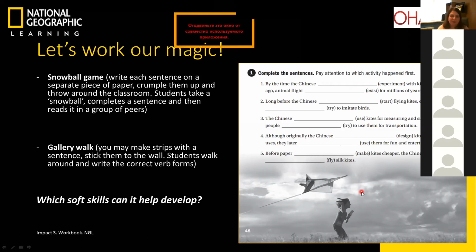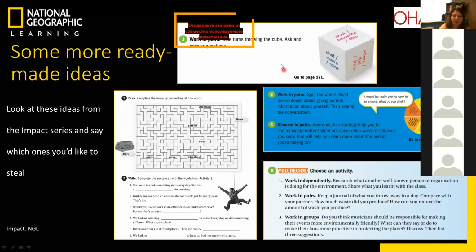But sometimes you don't really need to reinvent the wheel. Books may suggest some very good ideas. For example, let's look at the next slide.